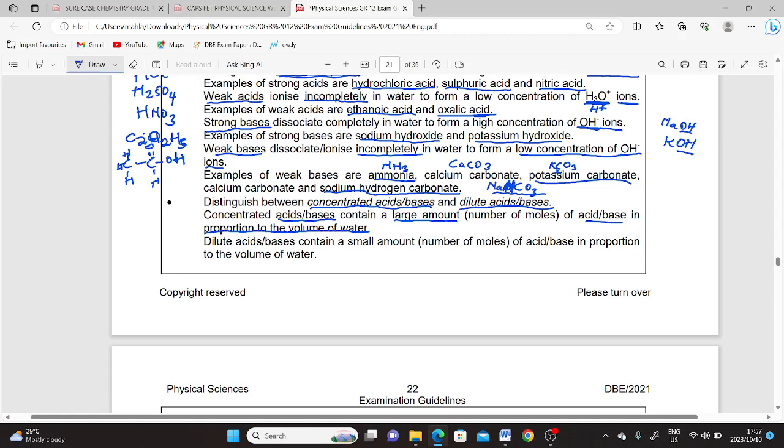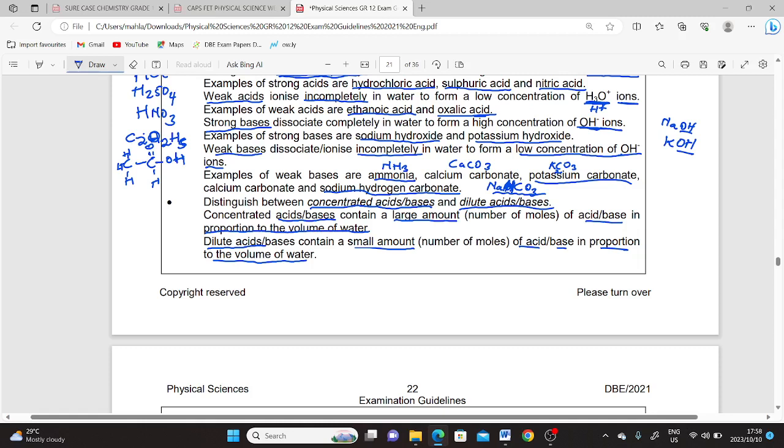Now, when you say dilute acid, it contains a small amount of acid in proportion to the volume of water. Likewise, a dilute base contains a small amount of base in proportion to the volume of water.